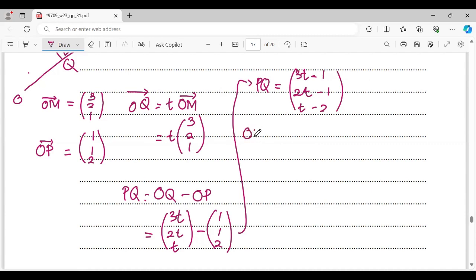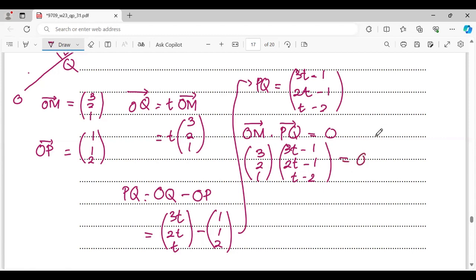So OM dot PQ should be 0. OM is 3, 2, 1, and PQ is 3t minus 1, 2t minus 1, t minus 2, equals 0.